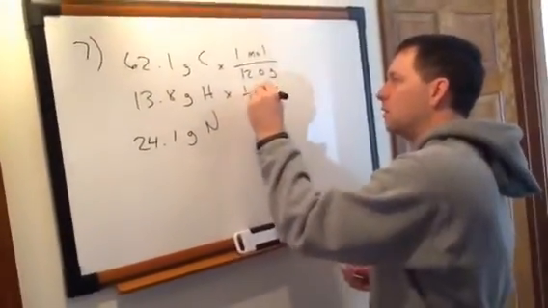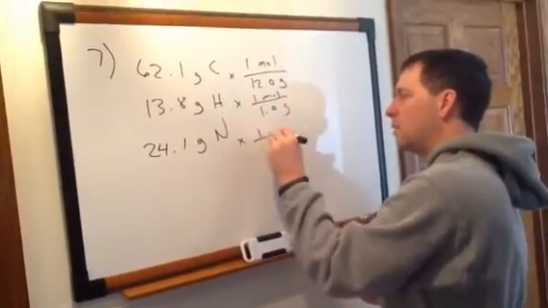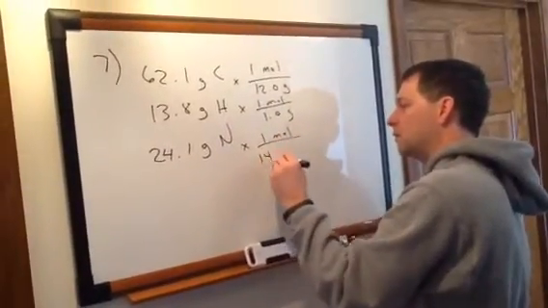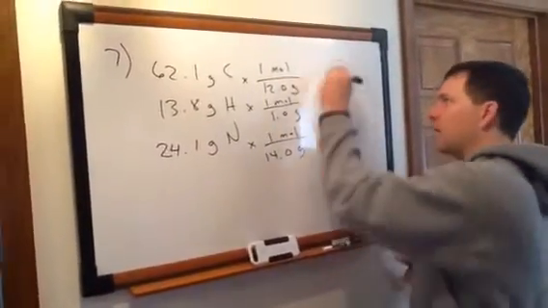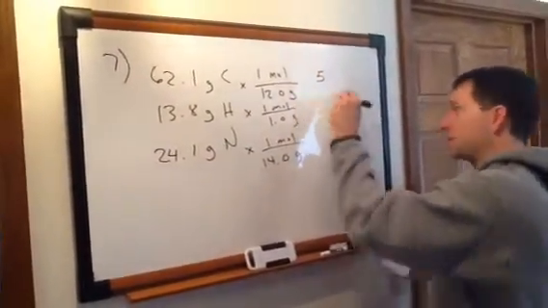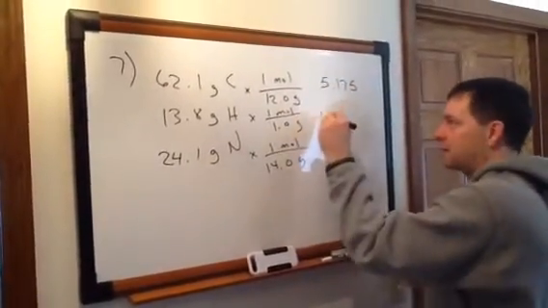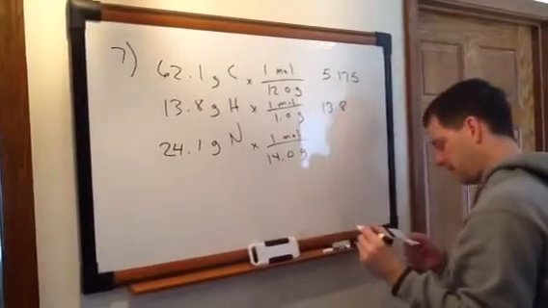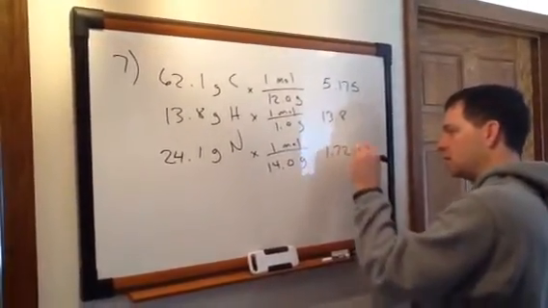For hydrogen, we know in 1 mole there's 1.0 grams, and for nitrogen, in 1 mole there are 14.0 grams. So that will give us the following numbers. For carbon, and again, go 3 or 4 places past the decimal, 5.175. For hydrogen, of course, it's going to be 13.8. And for nitrogen, it's going to be 1.721.